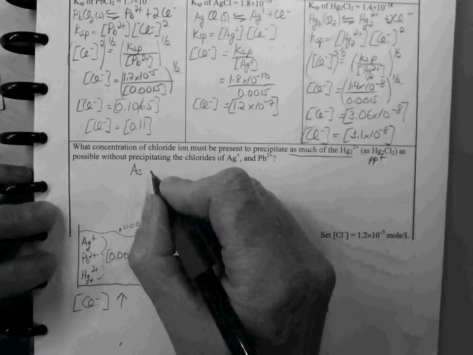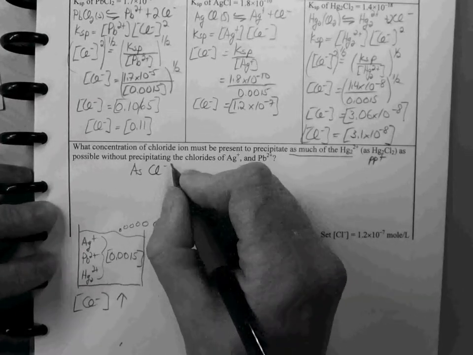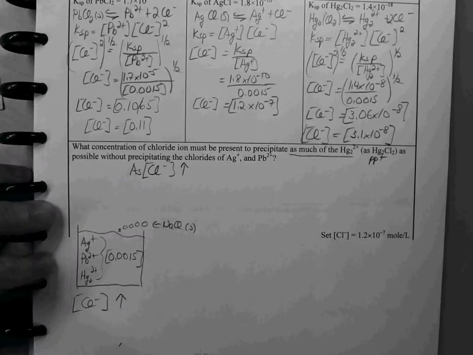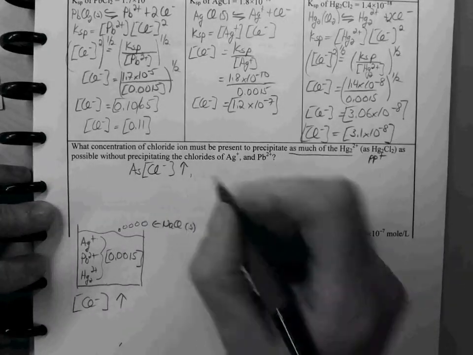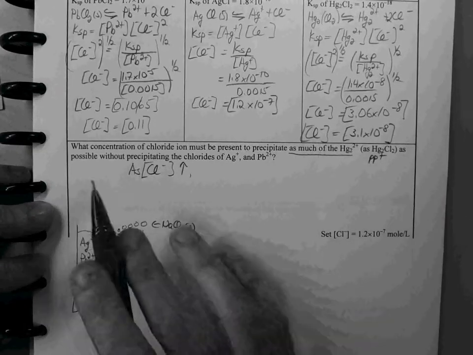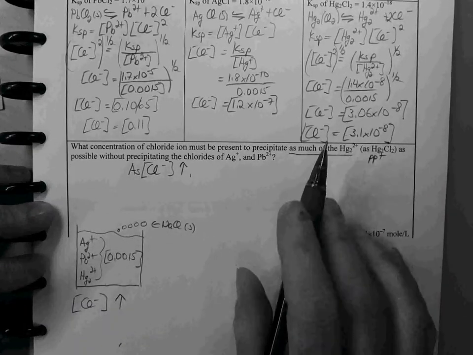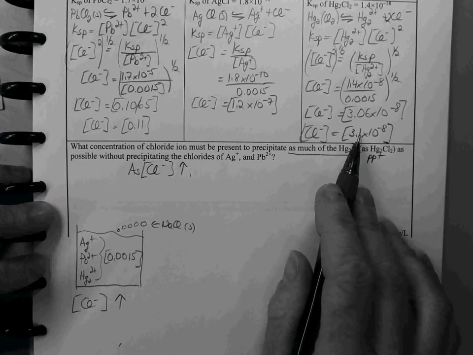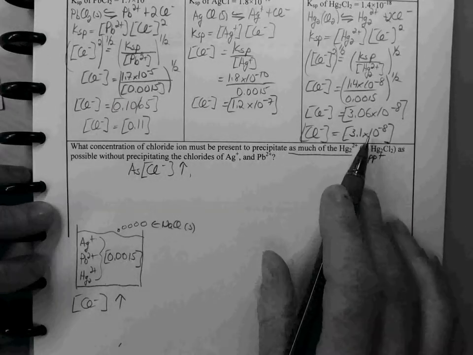As chloride ion concentration increases, the first compound to precipitate is going to be the mercury(I) chloride, because it requires the lowest concentration of chloride ion to be at equilibrium.